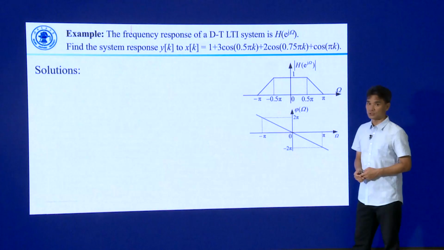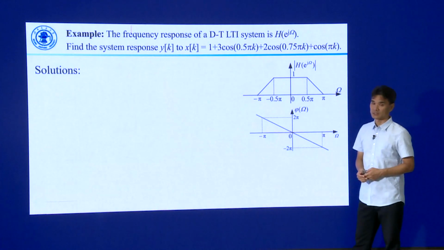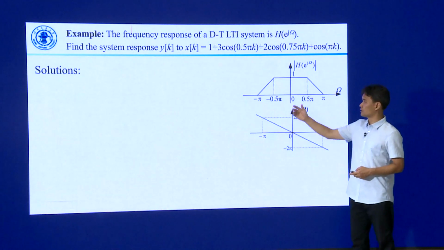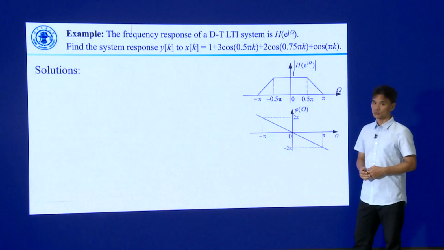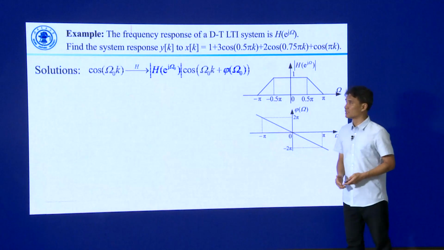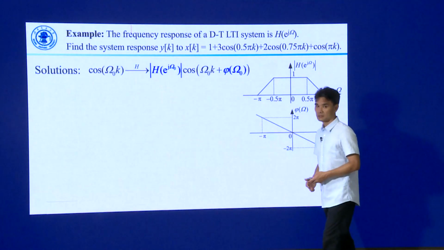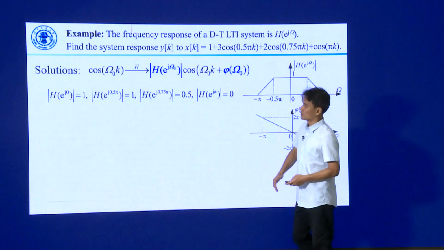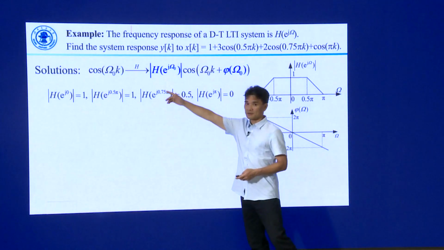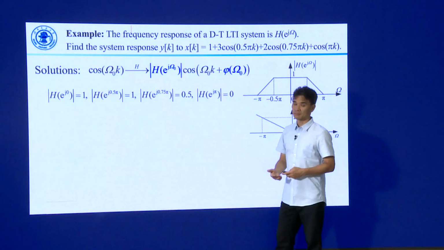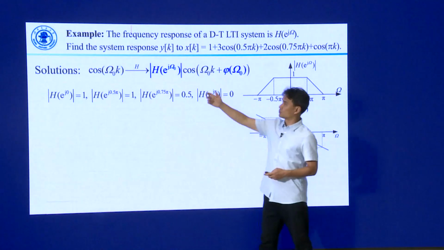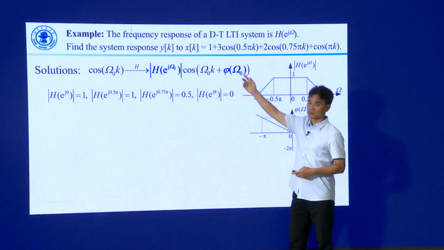What if we change the discrete time LTI system? The amplitude is the same, but we have an extra phase response. A similar idea can be applied. So the cosine function will cause another cosine function, but modified by the amplitude response and the phase response.